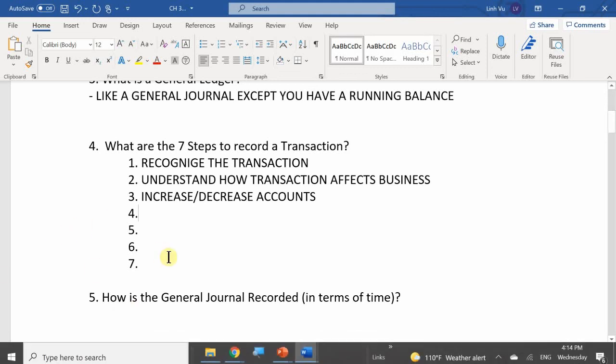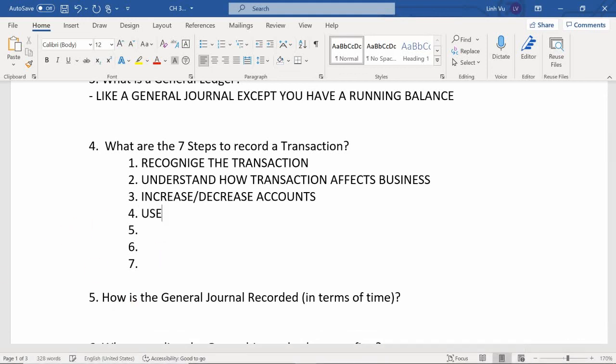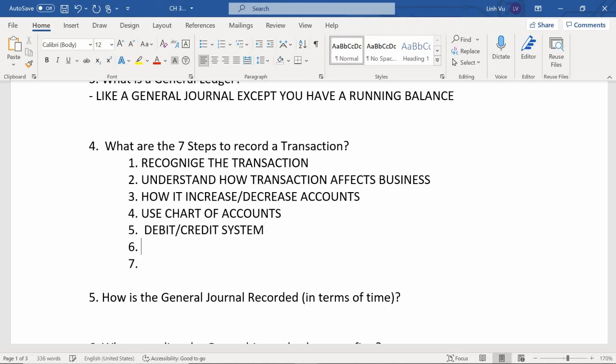To use the business chart of accounts, to know which one. To use debit and credit rules. Yes, the debit and credit system. Number 6.